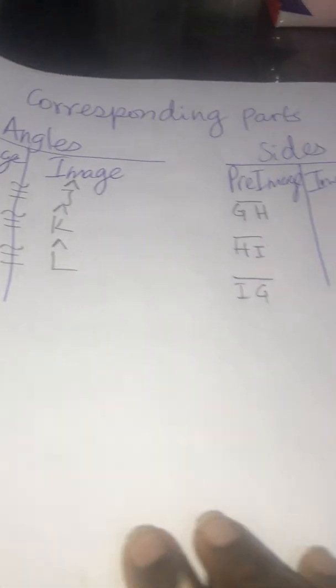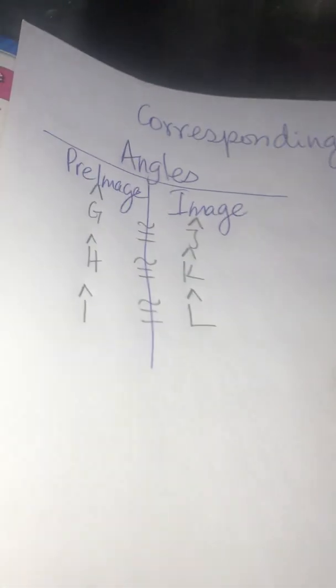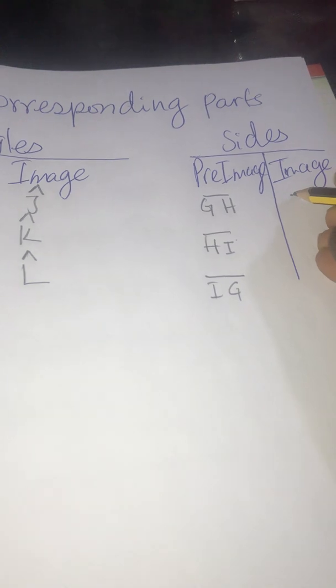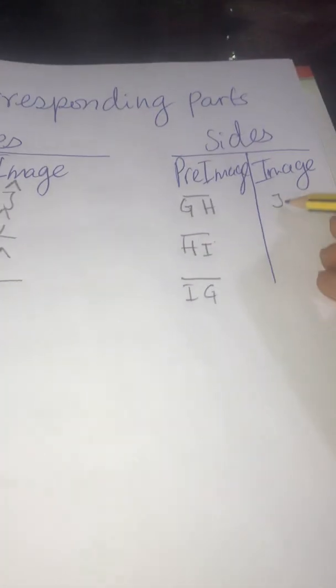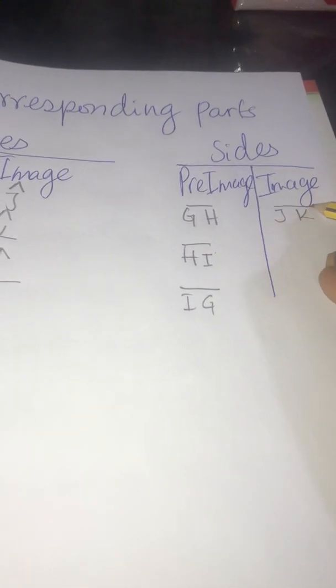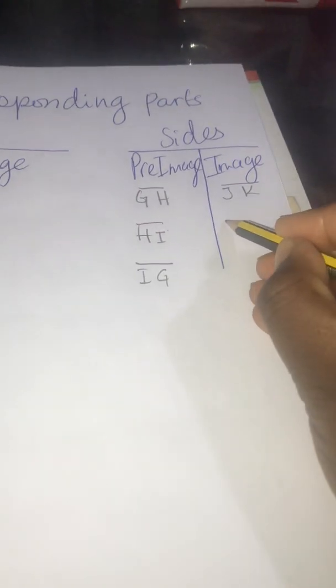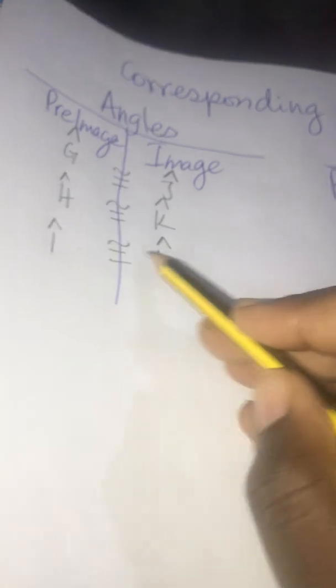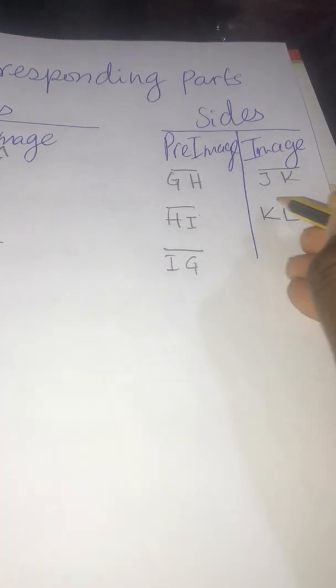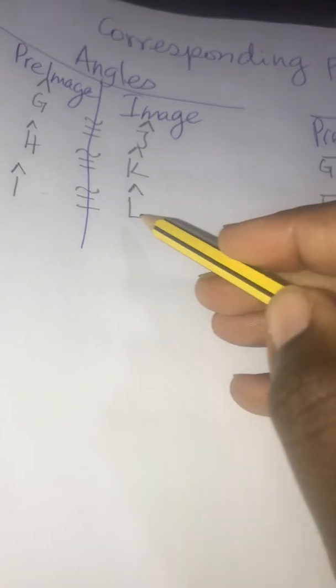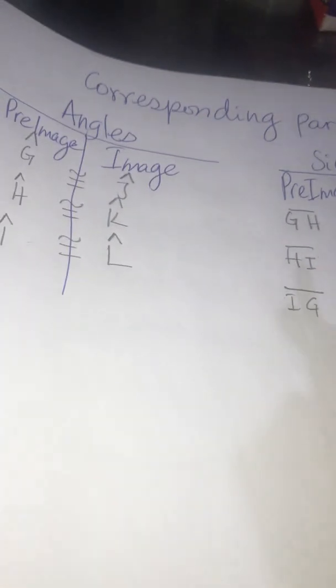All right. Now I look here. G with J, H with K, I with L.